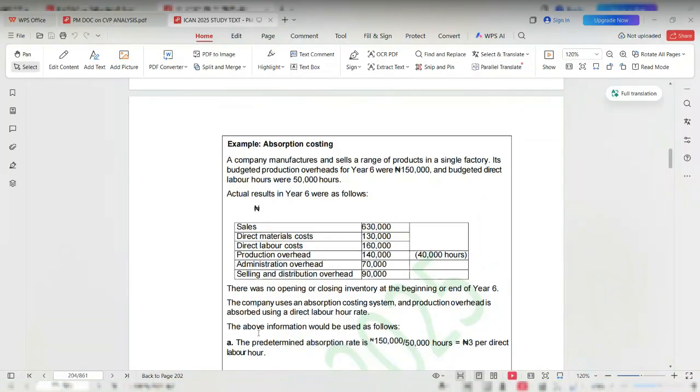We said the other time that overhead absorption rate equals budgeted overhead all over budgeted activity level.